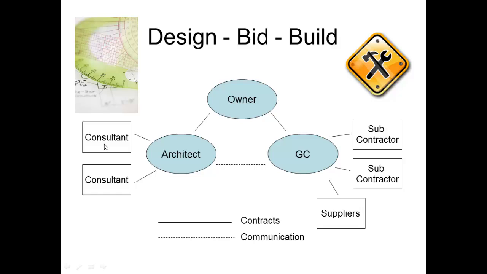Other cases may be that the person that did the design work didn't get the job, or this GC shopped some things out and used a different person or different company to supply the material, and they may have gotten a product of equal quality for less money, and provided that the architect and the owner approve that material, that may be fine.